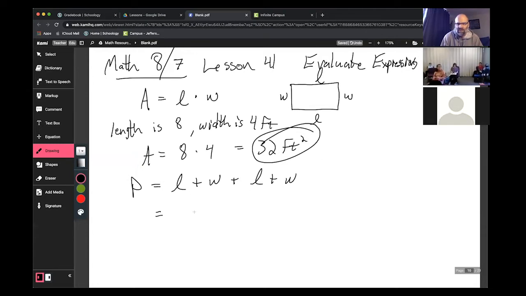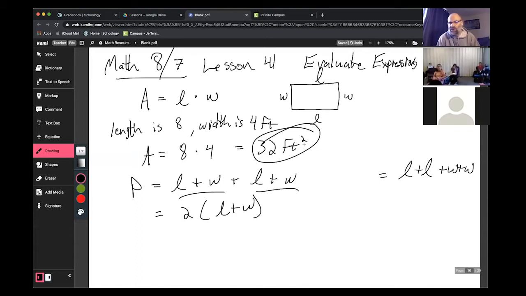Well, this could just be 2 times L plus W, because there's an L plus W and there's an L plus W. It doesn't matter what order you add the sides in, as long as you add all the sides. So this equals 2 L's and 2 W's.